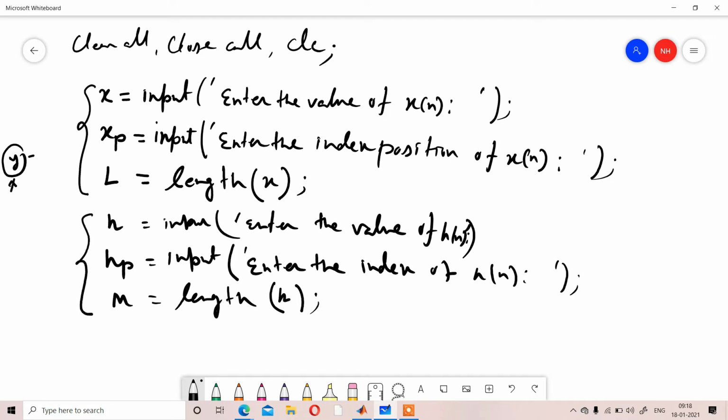So these are the inputs we should consider. Okay.